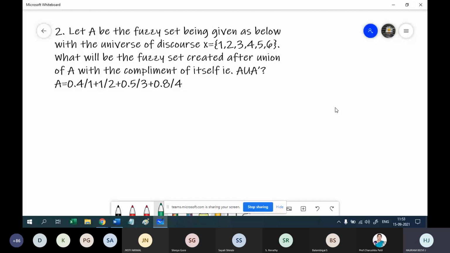What will be the fuzzy set created after union of A with complement of itself? So that is A union A bar. So the A value is 0.4 by 1 plus 1 by 2 plus 0.5 by 3, then 0.8 by 4. Okay. So this one also involved two operations. Those operations are union and complement.